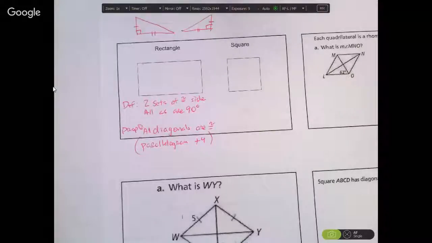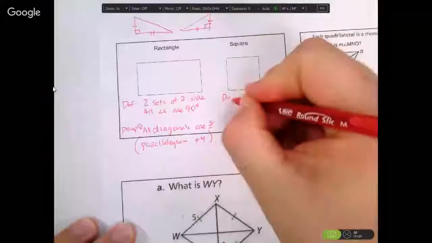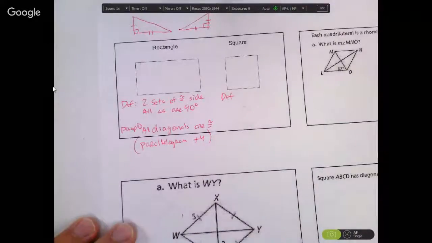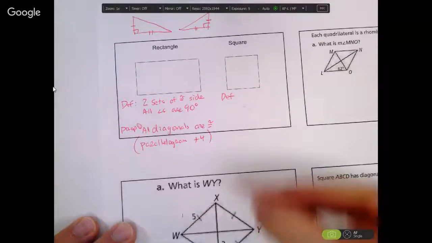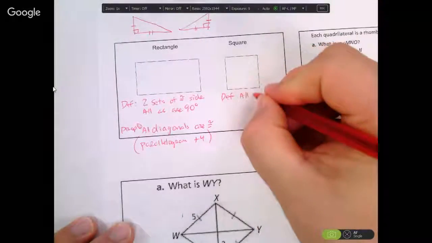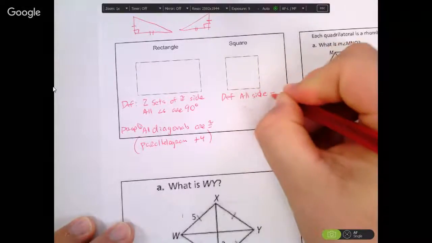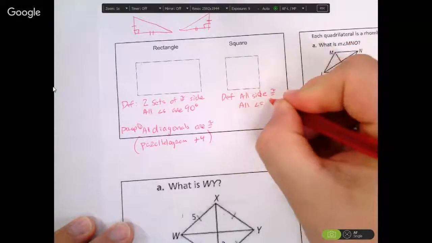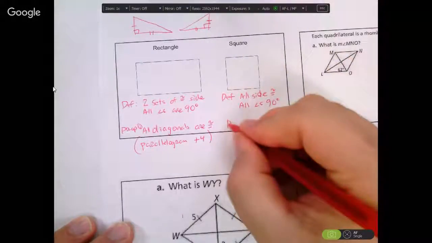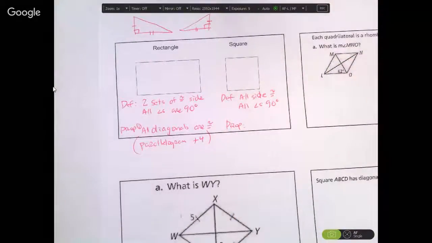So a square. If a square is a rhombus, actually, let's do the definition first. All sides are congruent. All angles 90 degrees. A rectangle has a special property that the diagonals are congruent. A rhombus has a special property that the diagonals bisect the angles and are also perpendicular bisectors.